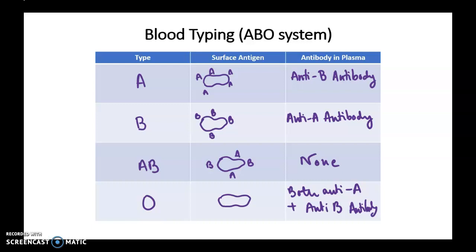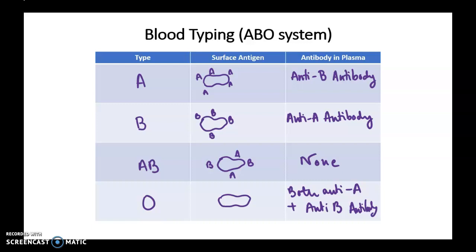According to the ABO system, there are four types of blood: A, B, AB, and O, as you see on the left hand column. Now, if a person has blood type A, how does that blood look like? So I have drawn out an RBC which looks like a flattened disc, and you can see that on the surface of RBC there are A antigens present.